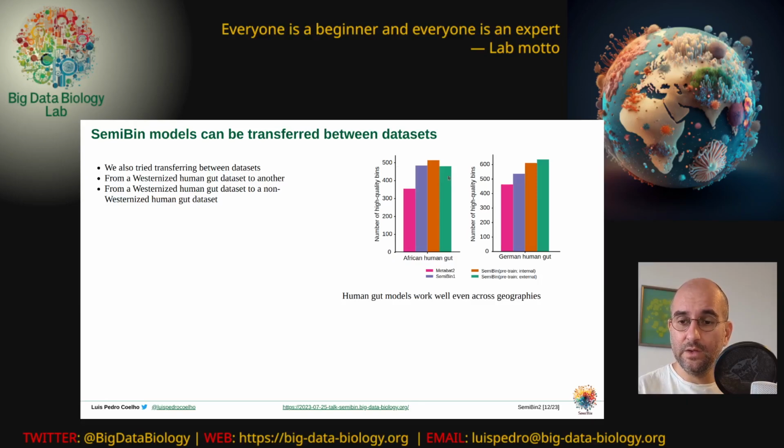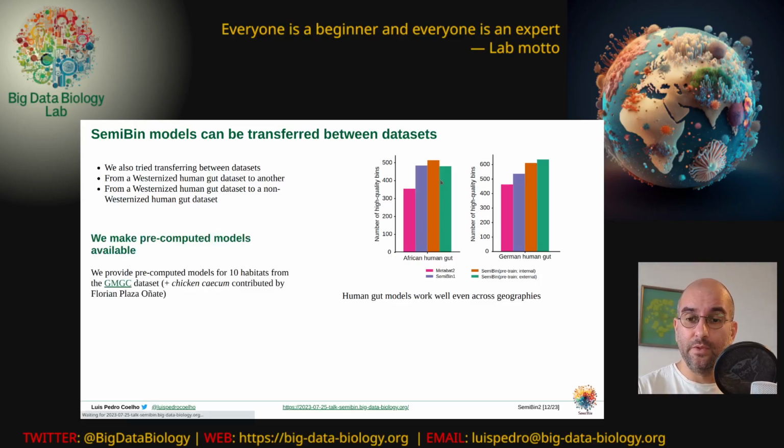In fact, sometimes the model from a different data set works even better. If you look at it very carefully, you can see the model learned on the African samples actually outperforms the other models.